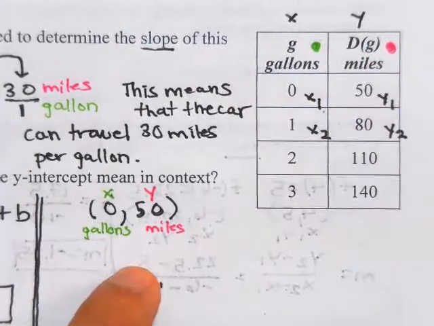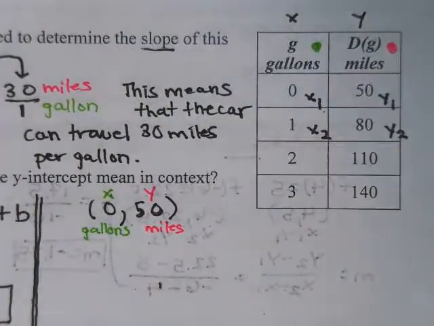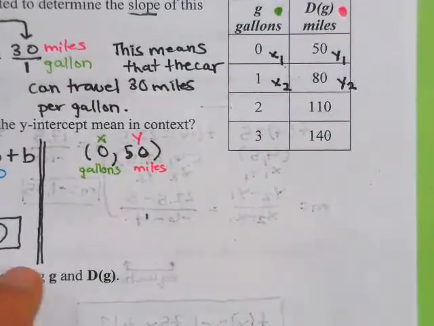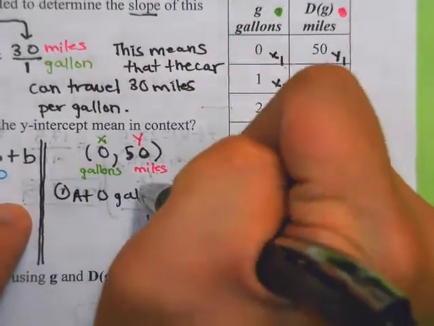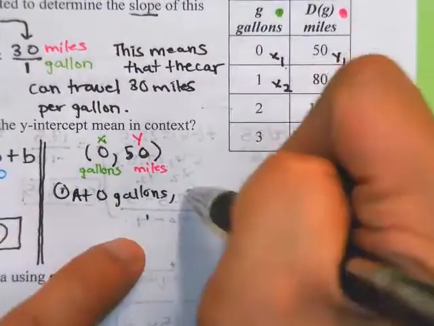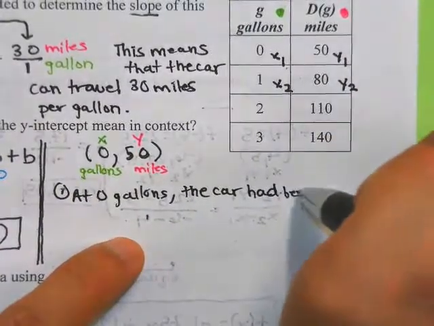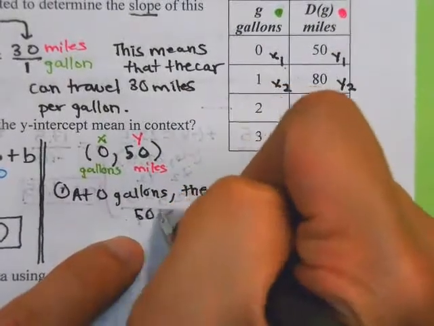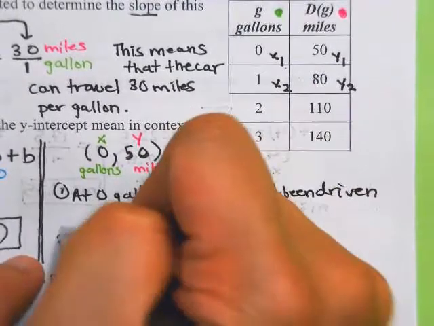I'm going to show you 2 possibilities of interpretation, and either one will be okay. The first one will sound a little bit weird, but I think the second one might be better. Here's the first one: at 0 gallons, the car had been driven 50 miles, and I'll be okay with that, because that's what it technically is.